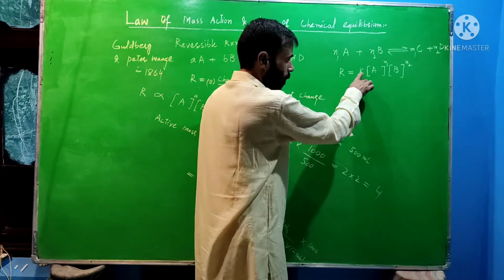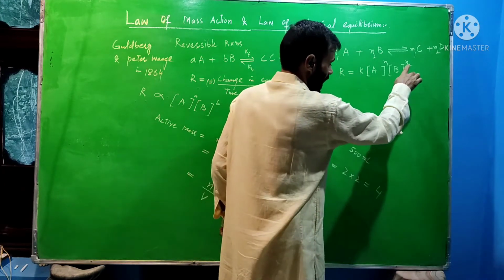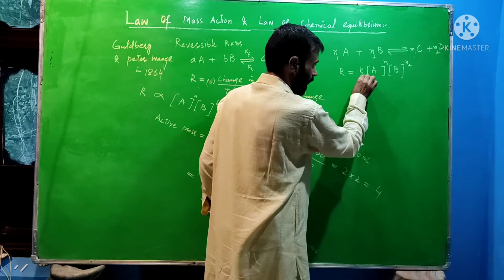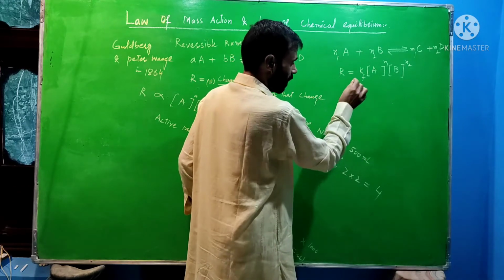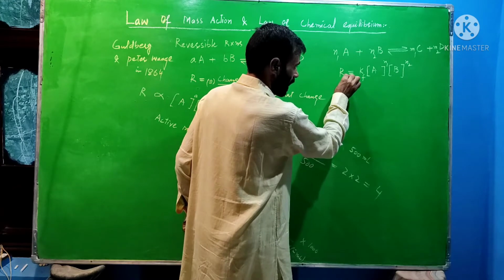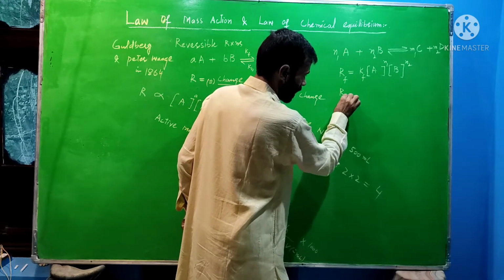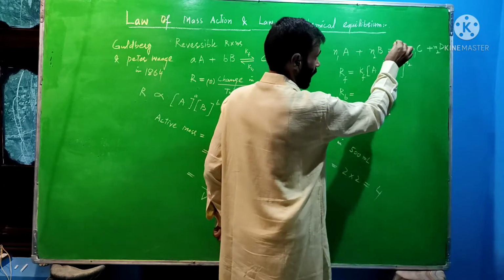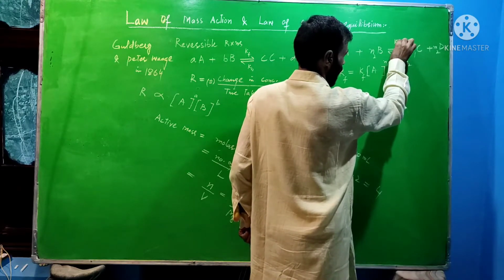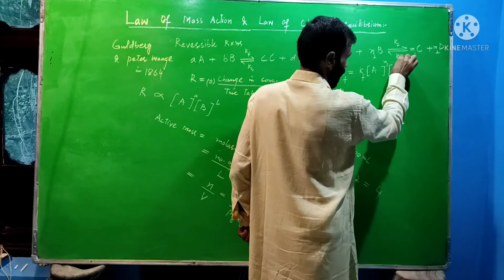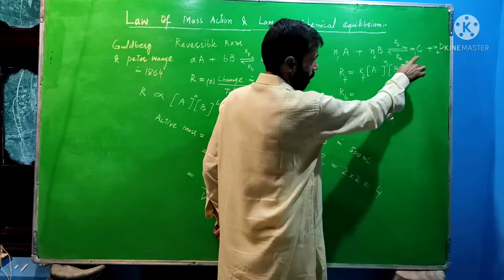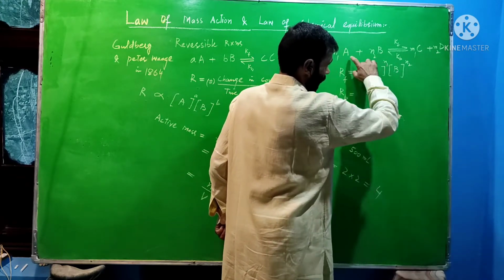Here we write the constant as Kf for the rate of the forward reaction, and in the reverse direction as Kb for the rate of the backward reaction. In the forward direction, A and B are the reactants.